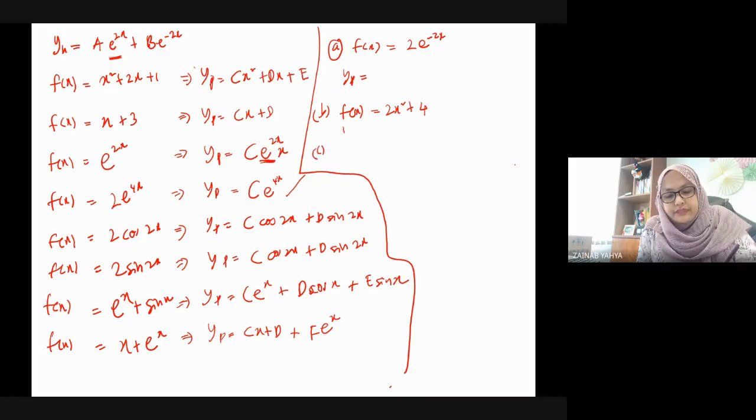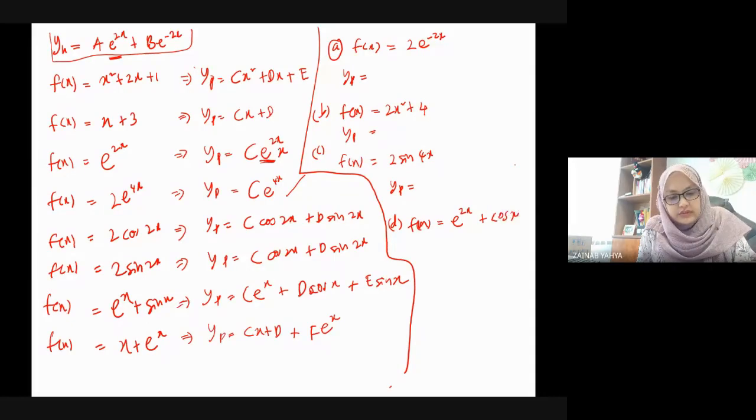C, fx equals 2 sine 4x. D, fx equals exponent 2x plus cos x. So yp equals what?